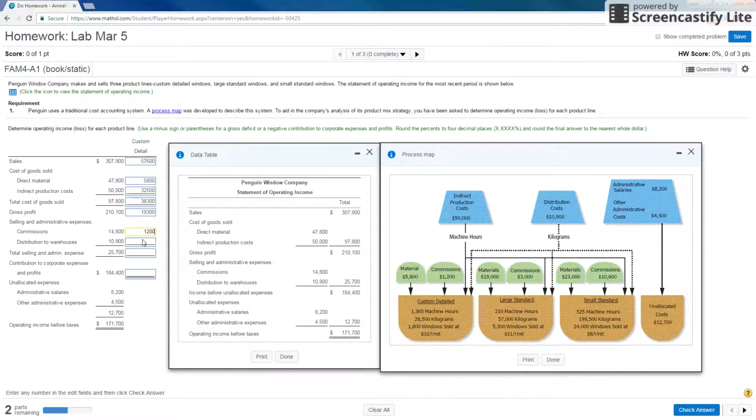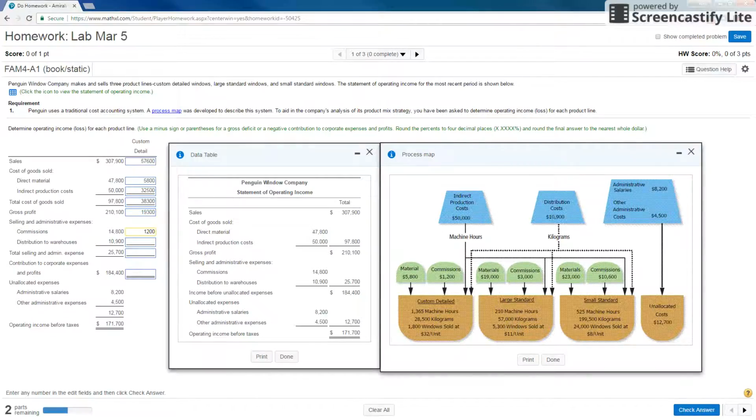Now we have commissions from here. Now we have to calculate the distribution to the warehouse. It's the same as indirect production cost. In the indirect production cost, you use $50,000 and machine hours as a cost driver. Now in the distribution cost, you have $10,900 and you use kilograms as a cost driver.